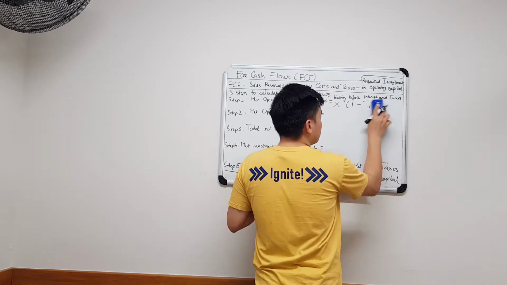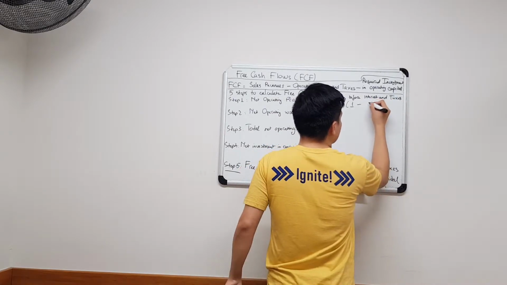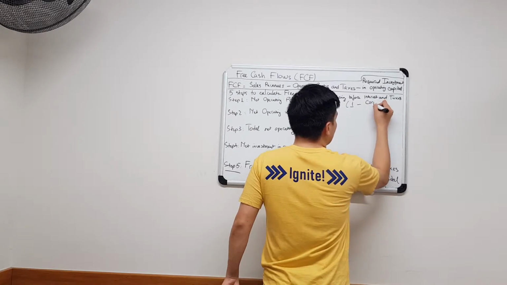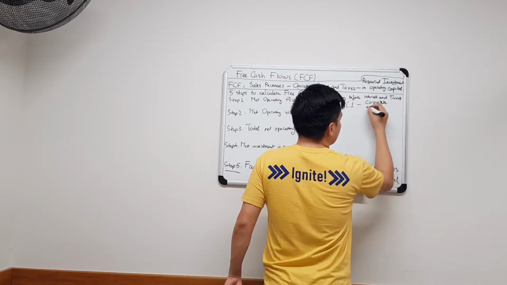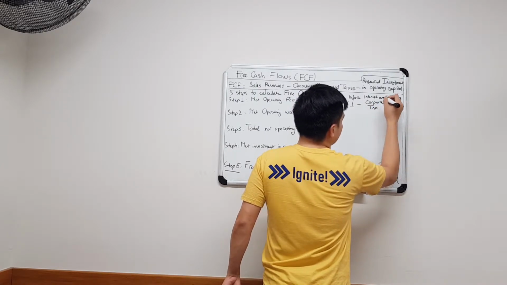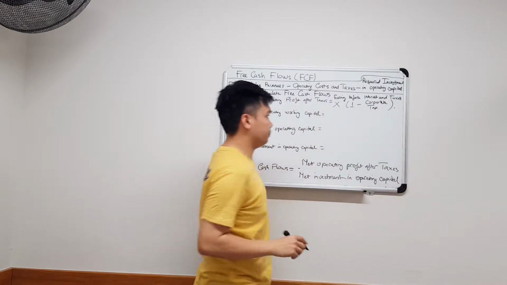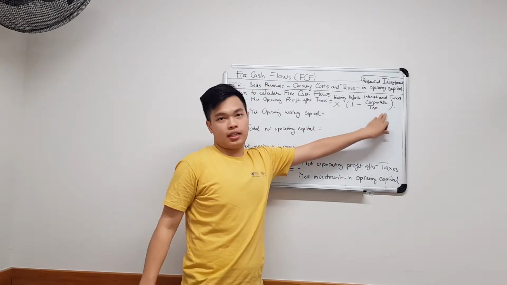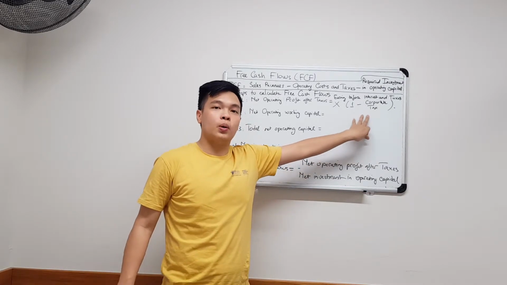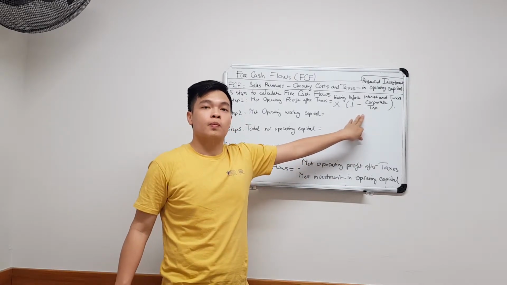Here the tax rate is the corporate tax rate. So earnings before interest and tax, as I mentioned before, is EBIT.